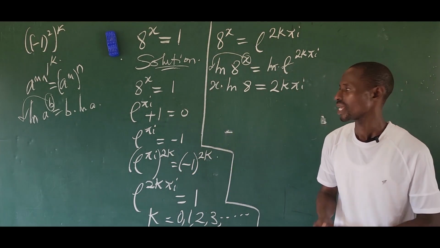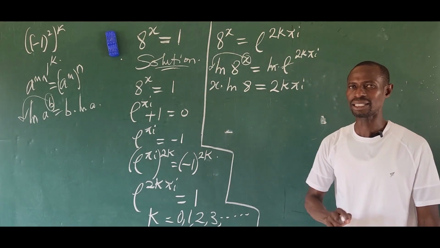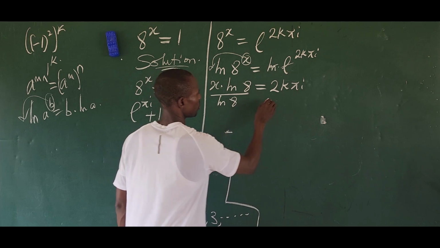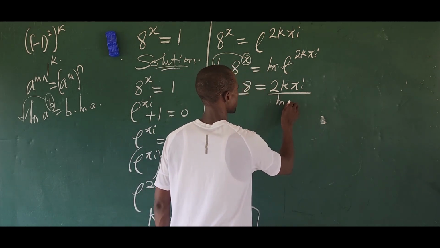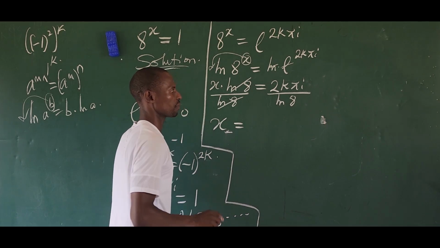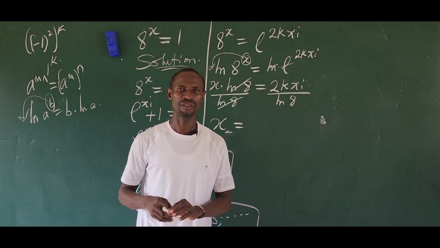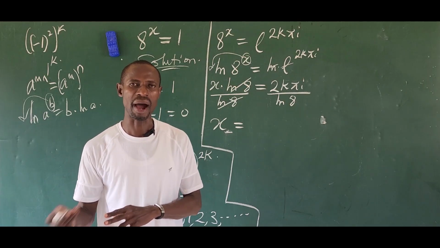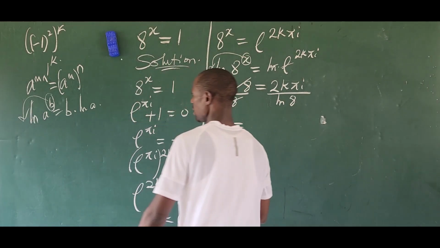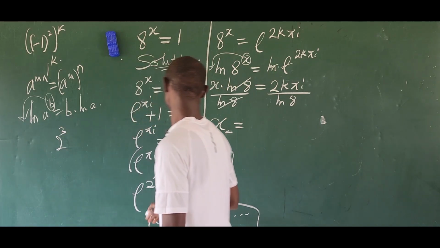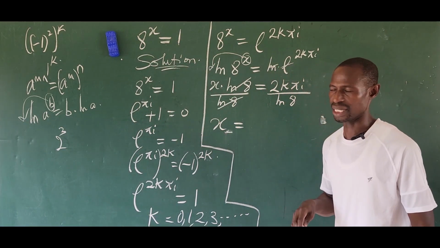Wow. Now we divide through by ln of 8. We equally divide this side by ln of 8. This leaves the system. So we now have x equal to 2k pi i over ln of 8. Now 8 can be written as 2 to the power of 3, so we have ln of 2 to the power of 3.